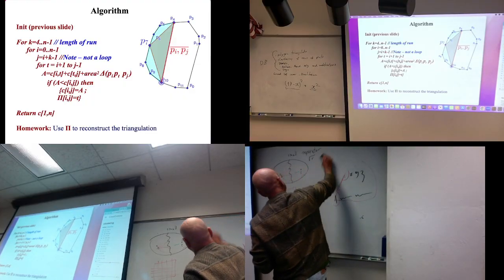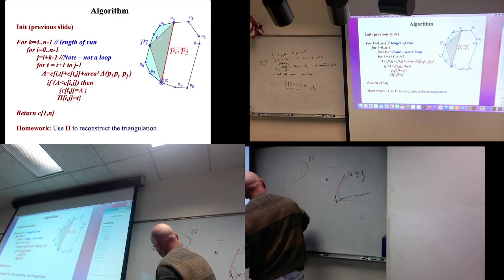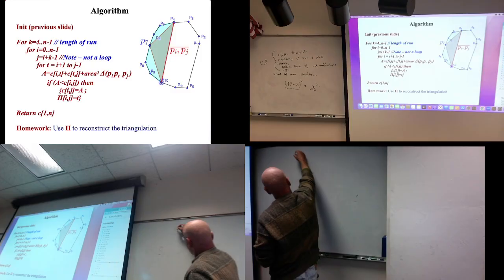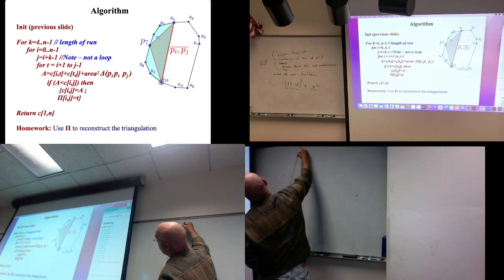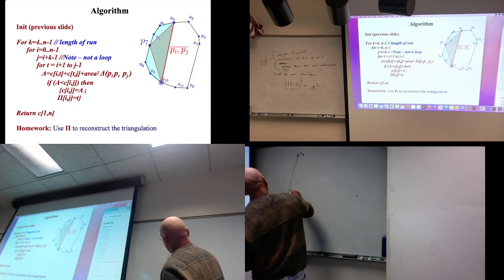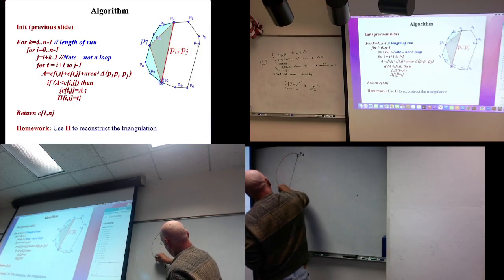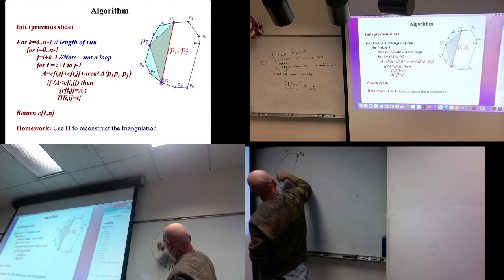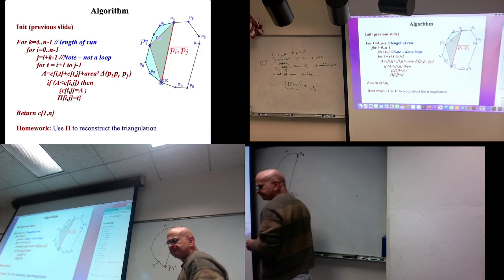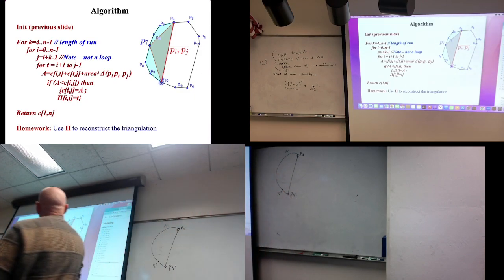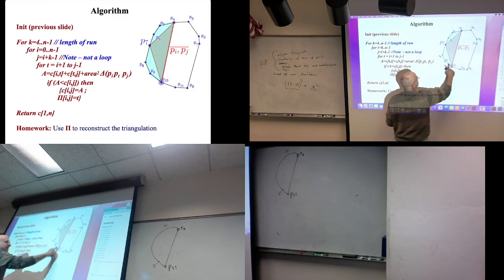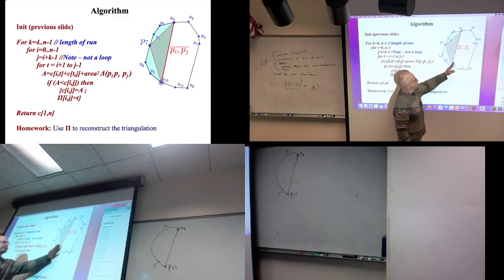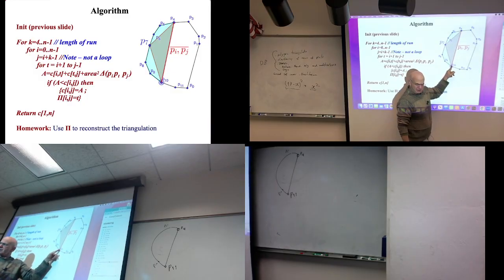So, let me highlight this P4, P11, and out of all the vertices between 4 and 11, P5 all the way to P10, well, solving the problem from 4 to 10, I need to assume that there will be a chord between 4 and 10, just as before.